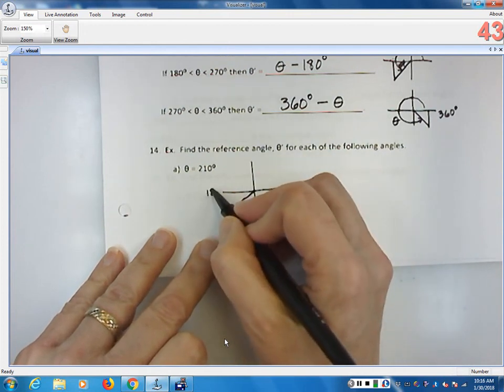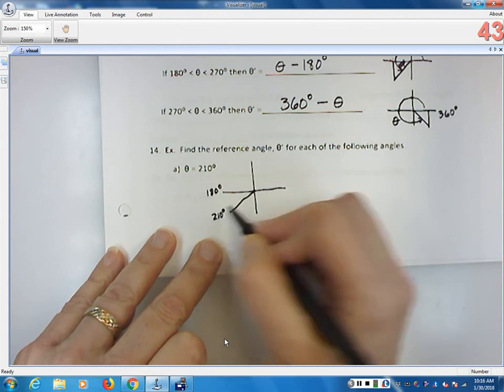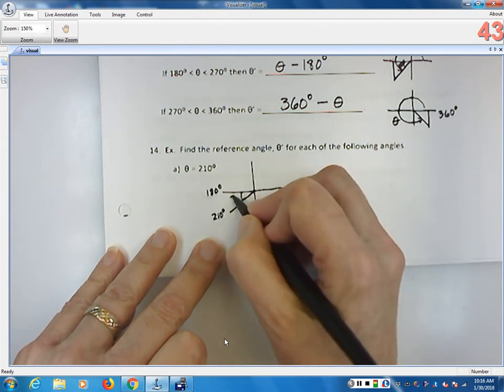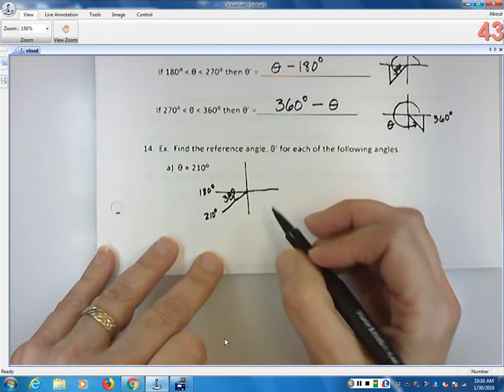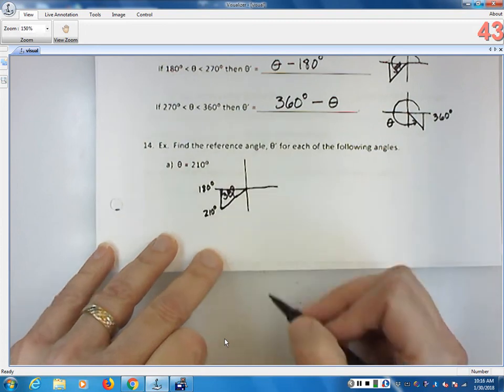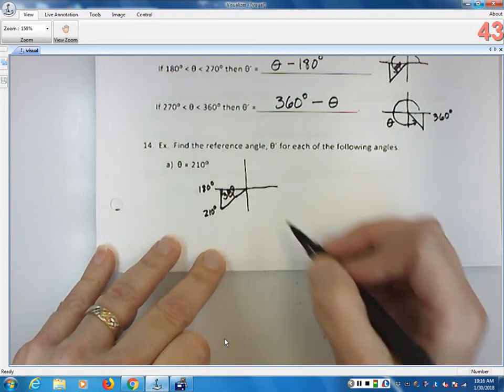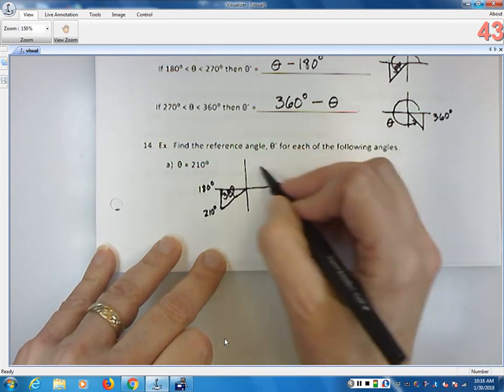This is 180. This is 210. This is 30 degrees. We draw our triangle here. This is our theta prime. You can just see that it's 30 degrees.